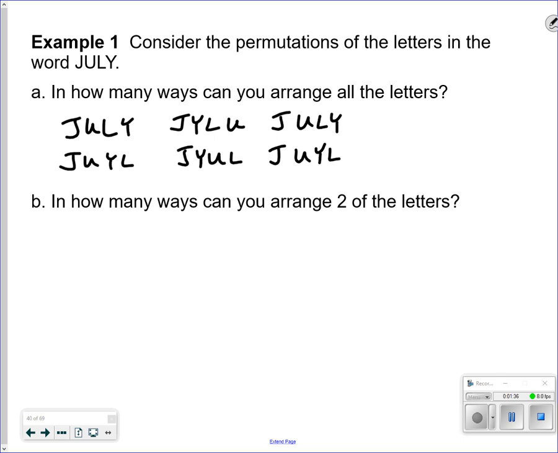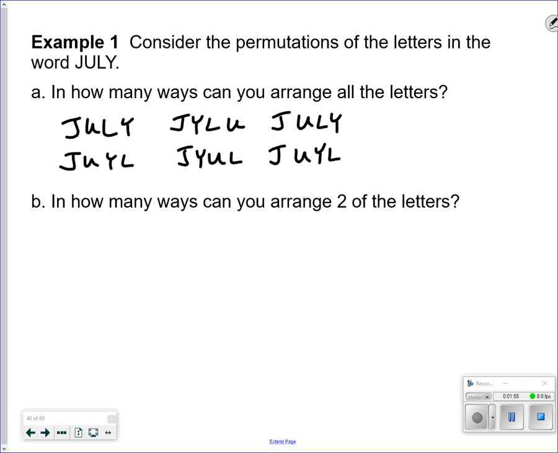As you can tell, you can start scrambling up these letters, and that one is just with the J first. So now what if I had the U first and the Y first and the L first? So there's 6 different ways each time you put the first letter as a different letter.